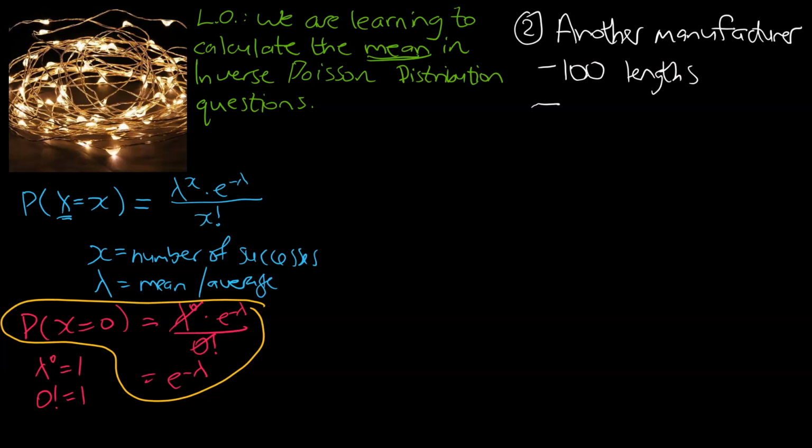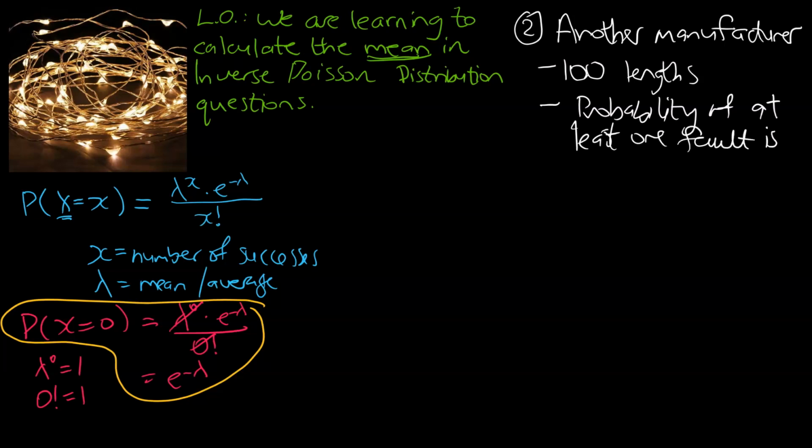And they've told us that the probability of at least one fault is 0.8947. And that's all the information that we need to figure out the mean.